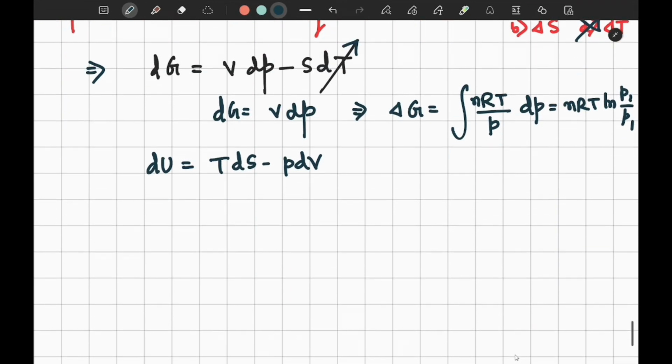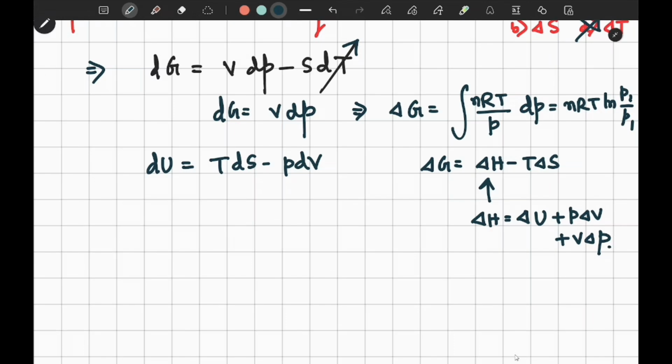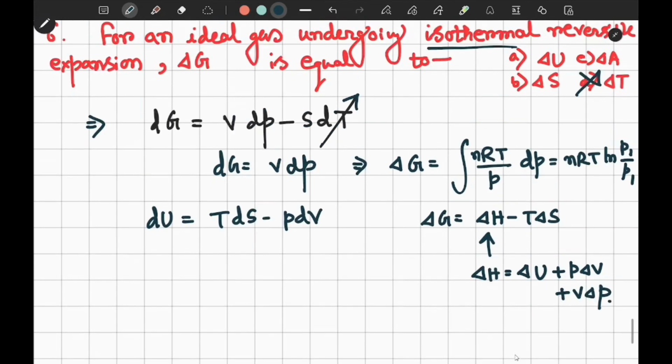And you know that delta G is equal to delta H minus T delta S eventually, and delta H is equal to delta U plus P delta V plus V delta P. So it's clear that these two properties are not equal to each other.